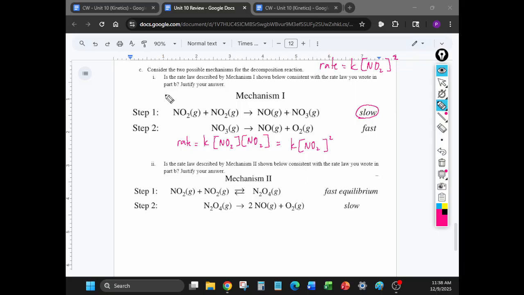Yes. So your answer would be yes. And then this would be your justification. You would explain that you use the slow step as your rate law. There are 2 NO2s, and if you multiply, that becomes squared, which is the exponent you want for the rate law. All right, everybody good?